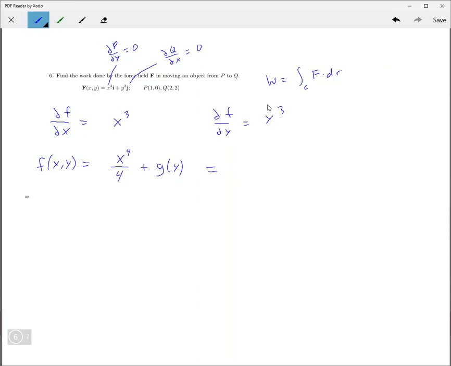Then over here, I do the same thing. I have y to the 4th over 4, plus some function in x. So what function f will be equal to this and simultaneously be equal to that?